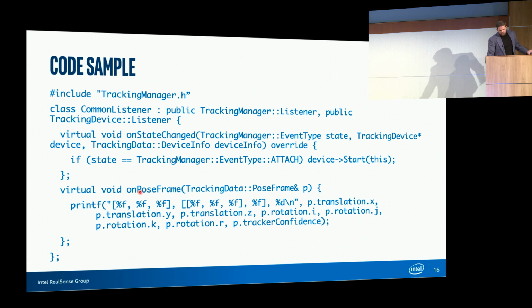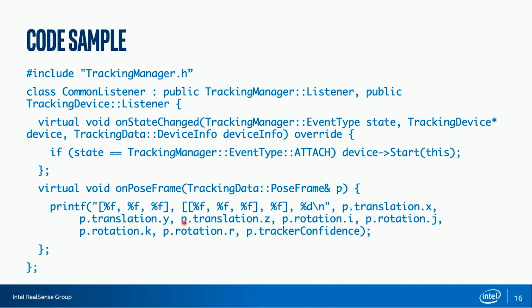And for each pose frame, here the information is just printed to the screen, but it can be used in the controller, for example, or for higher level fusion or occupancy mapping. Here you can also directly access the estimated velocity and estimated acceleration. And the same holds for the sensor streams.